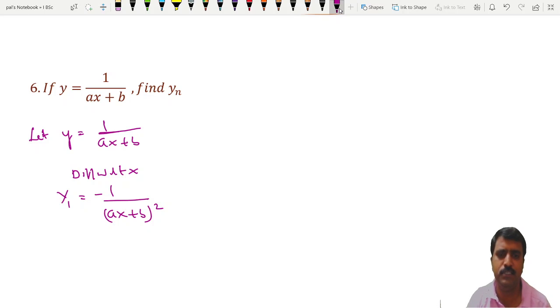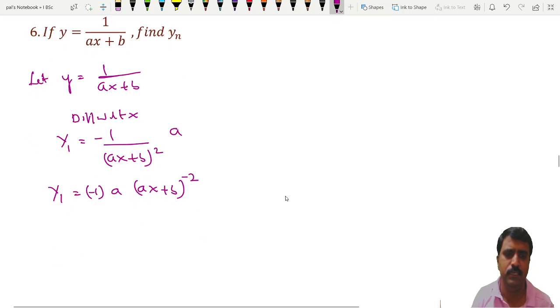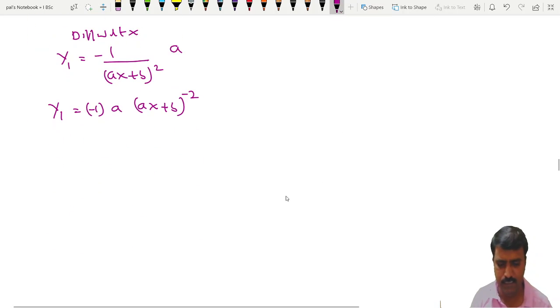Again, differentiation of ax plus b gives a. So y1 is equal to minus 1 into a, that is a constant, into ax plus b to the power minus 2. This is y1. Again you differentiate this y1 with respect to x.